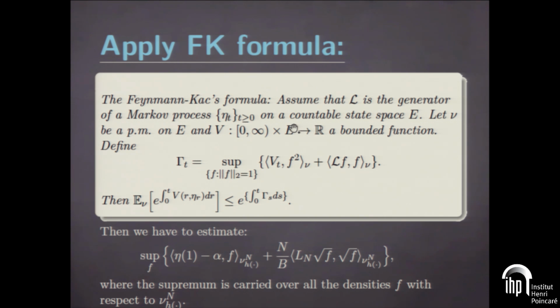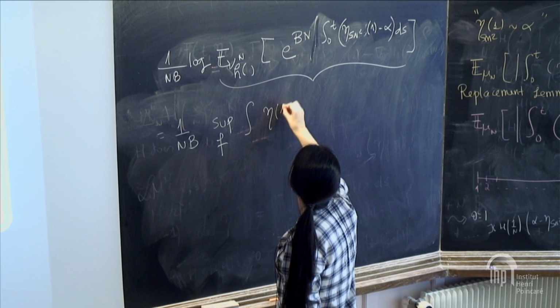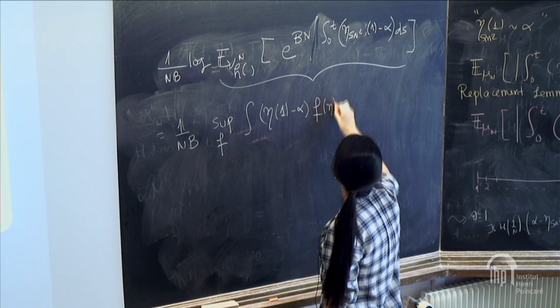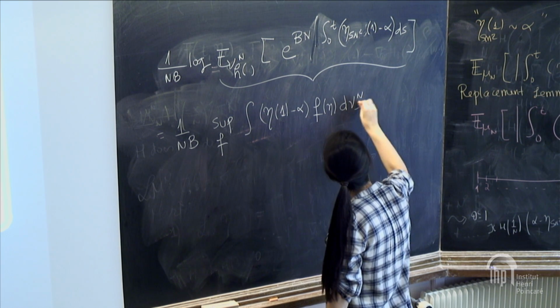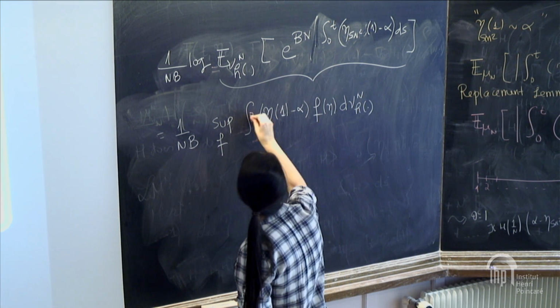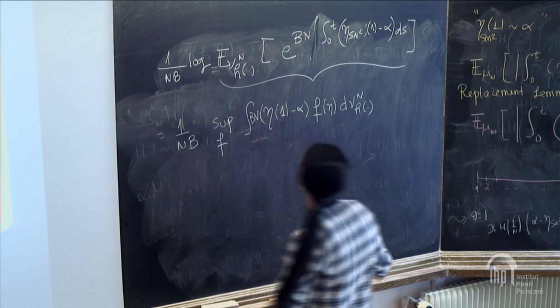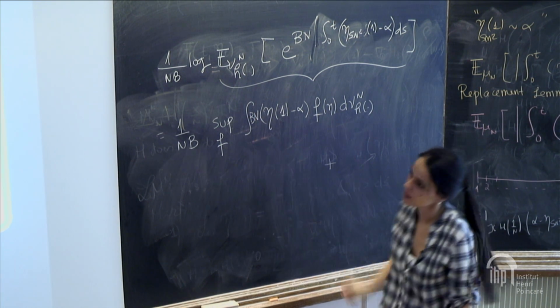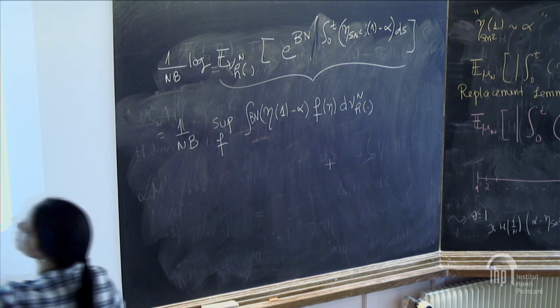So now I have the integral of eta 1 minus alpha times f of eta with respect to this measure. And there is a b times n here. Plus this other term, which is here.